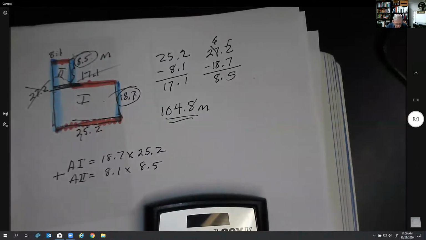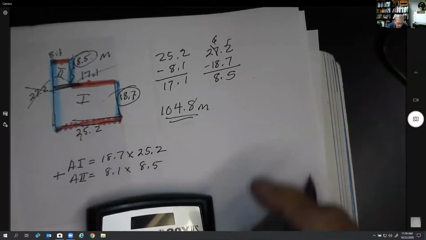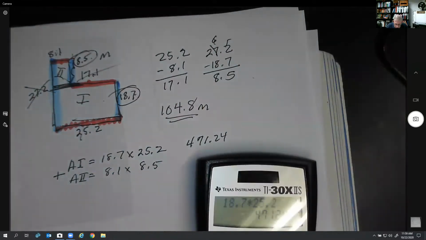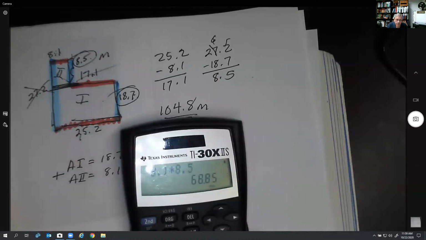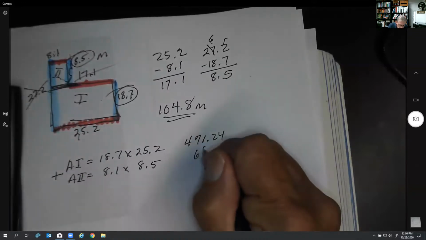So let's try this. See what we get. 18.7 times 25.2 is 471.24. And then the little smaller one, 8.1 times 8.5 is 68.85. Be careful about your decimal point.